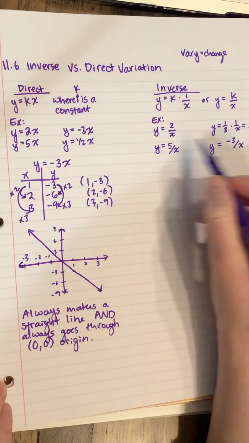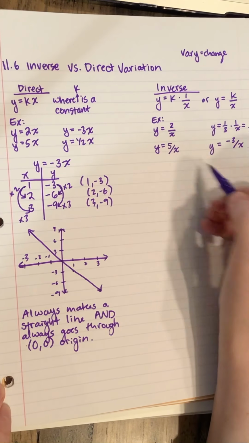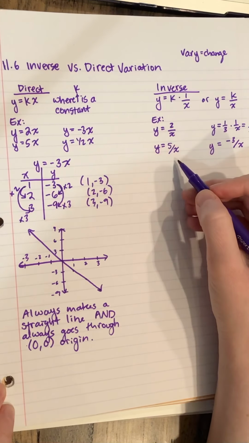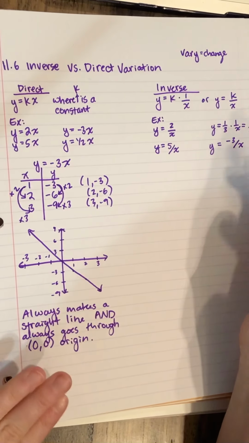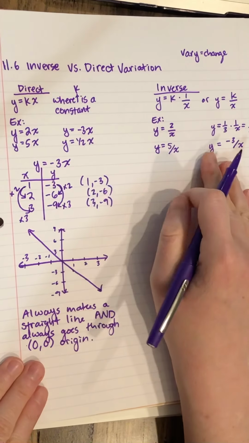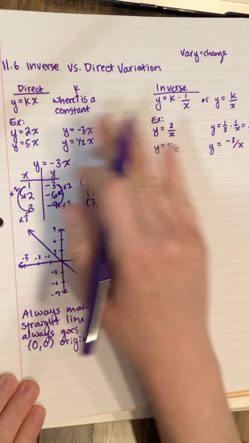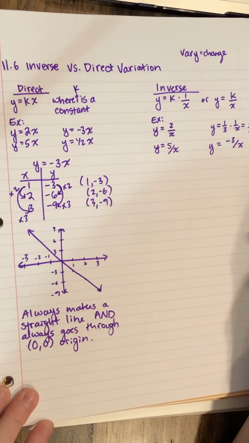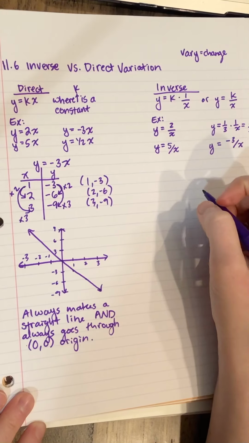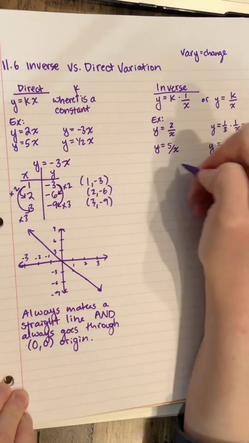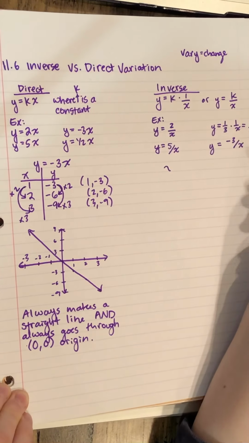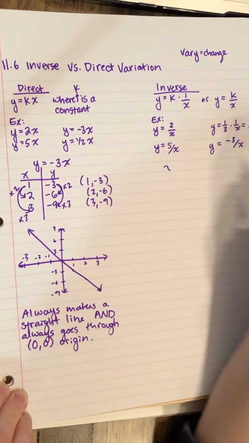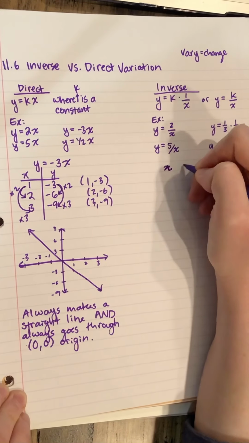However, over here, all of the x's are on the bottom. They are all on the denominator. So that's the biggest giveaway as to whether it's direct or inverse variation. If x is on the top, it's direct. If x is on the bottom, it's inverse. Okay, so let's make a table with this one now. Let's use y equals 2 over x.